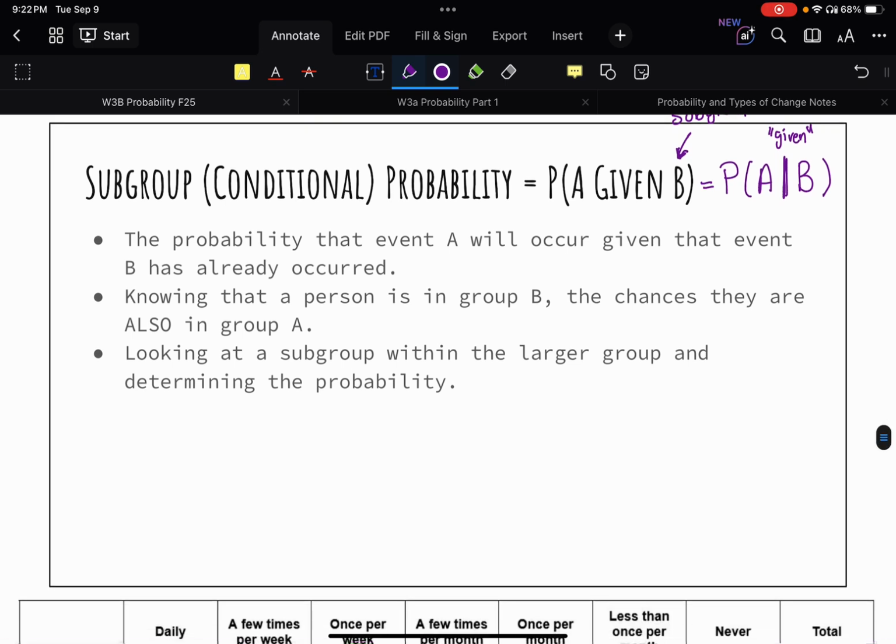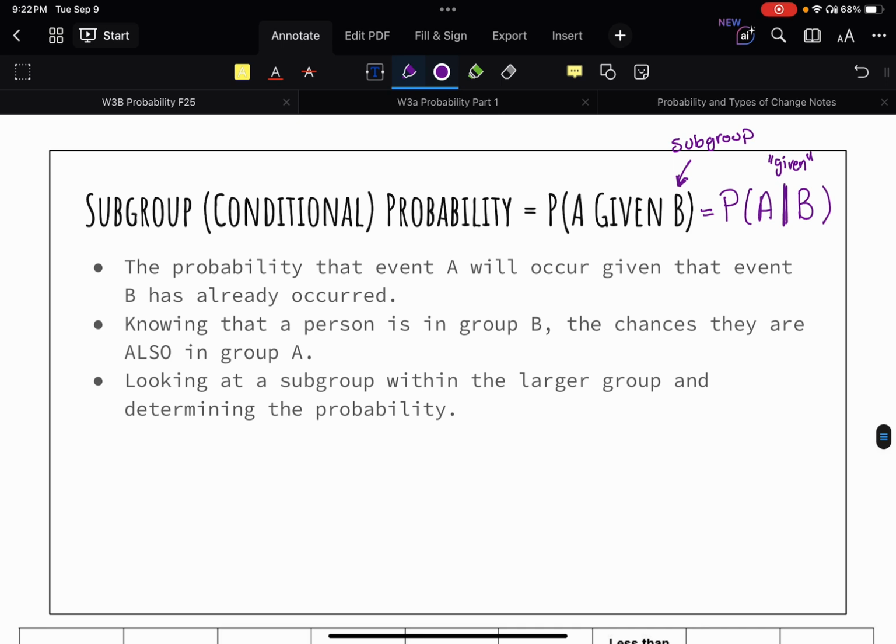So how I think about this is what's happened is our total is now different. Our total is no longer the entire group of people.